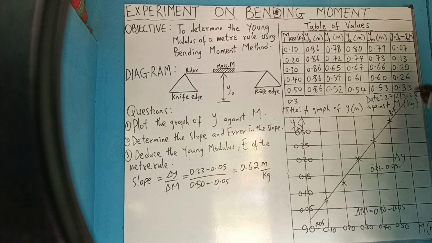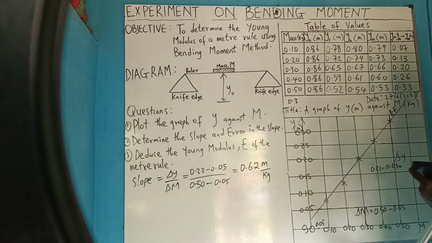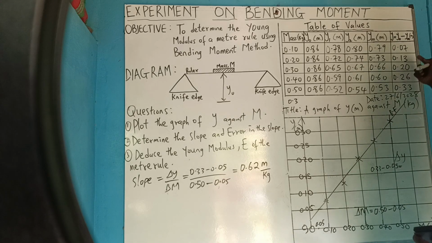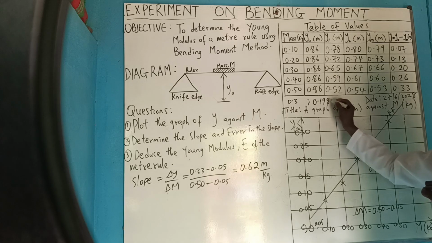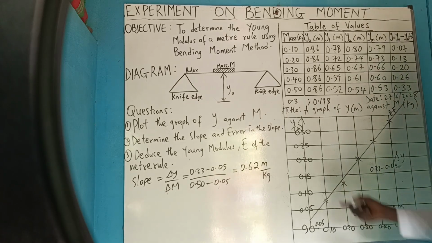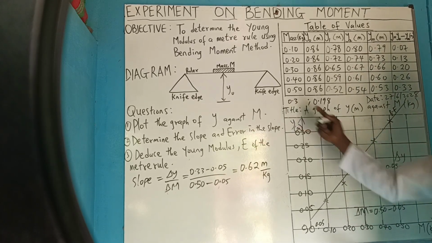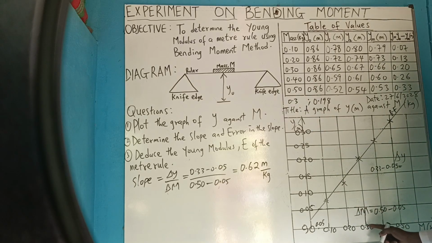I will also add the one of y, 0.07 plus 0.13 plus 0.20 plus 0.26 plus 0.33 divided by 5. Now for this y one, I also have it to be 0.198.